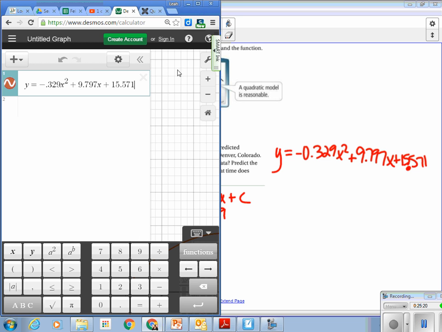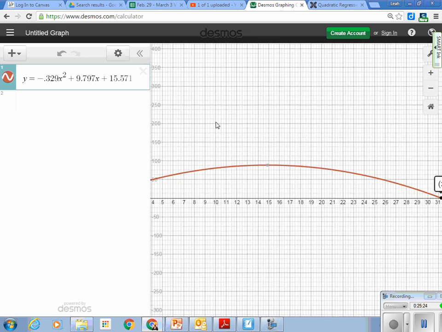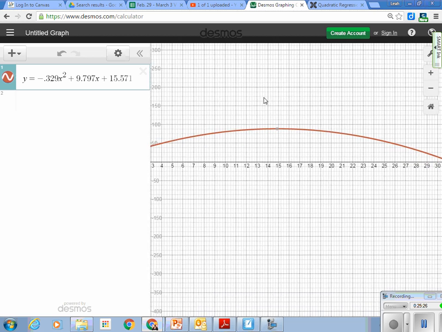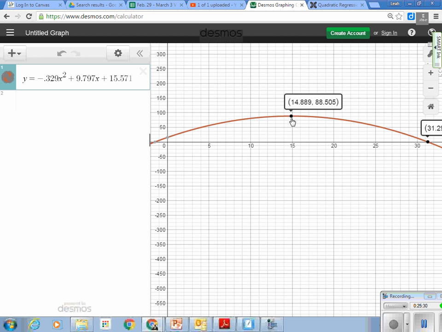And we are going to take a look and find the maximum value, which is at 14.889. So that is at almost 3 o'clock. It'll be 88.5 degrees.